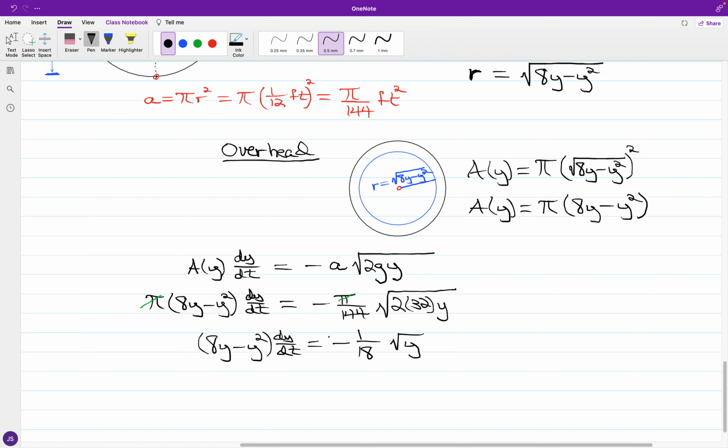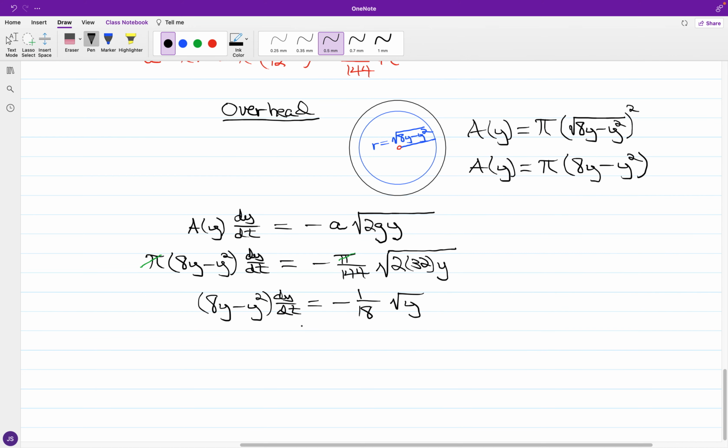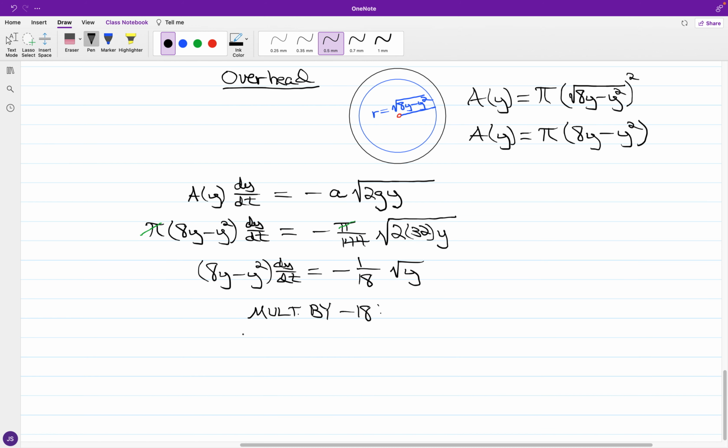Okay, here we can separate the variables, thus the differentials. So I can simultaneously divide by the square root of y and multiply by dt. And looking at what we have also in the mix, I can take care of the negative 1/18 if I multiply by negative 18. So if I go ahead and do this, just clearing the coefficients, and then we'll separate the variables.